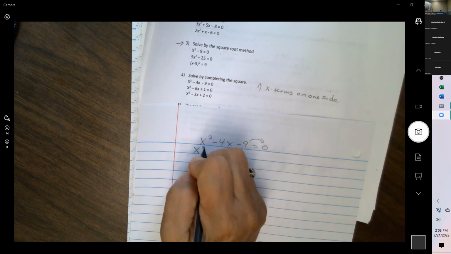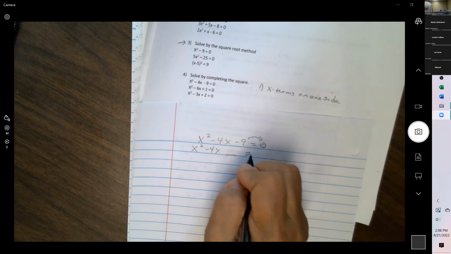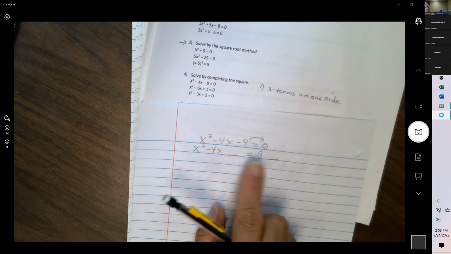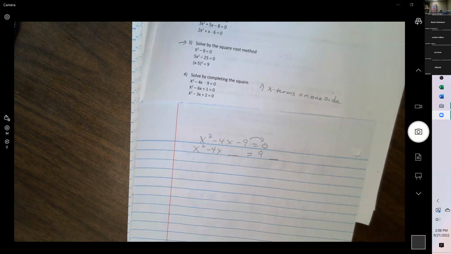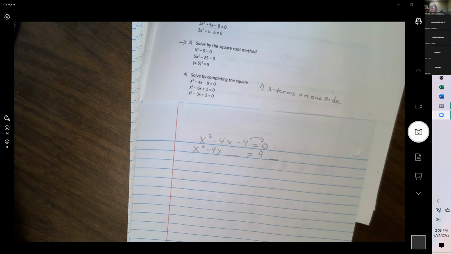So we have x squared minus 4x, leave a space, equals 9. And whatever we do to this side, we will do to this side to keep our equation balanced. So you want the x terms on one side, the constant on the other.